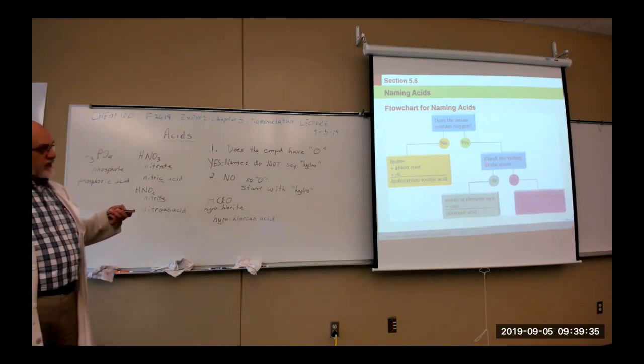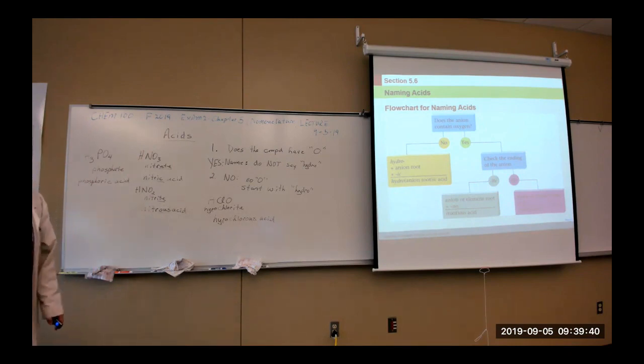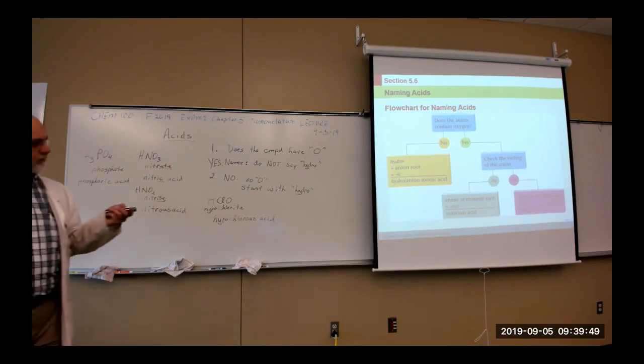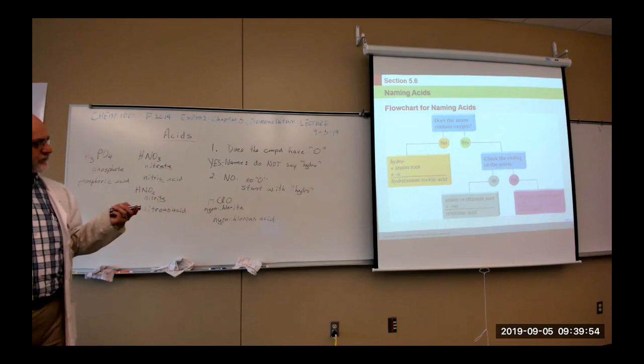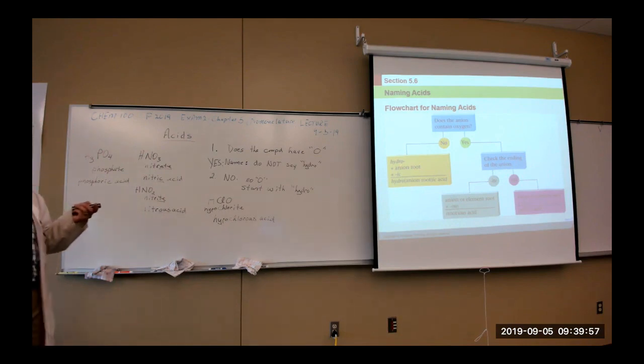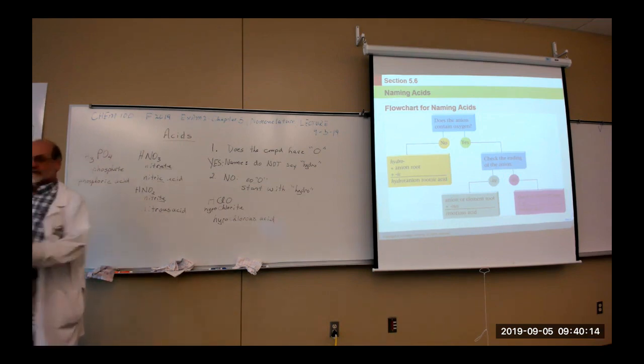Then you look at the polyatomic ion, or the anion. Well, it doesn't have to be polyatomic, just a lot of them are. Actually, if the anion has no oxygen in it, it's going to be over here anyway, and the ending is ic, like hydrochloric, hydrobromic, hydrosulfuric.